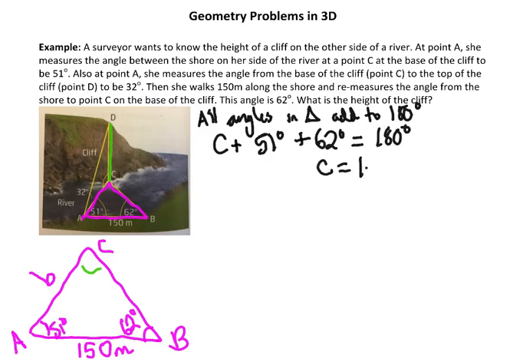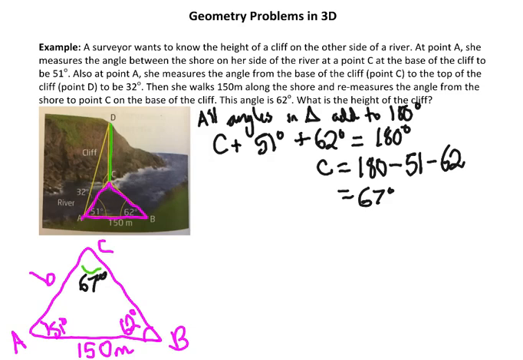Or in other words, C is going to be 180 minus 51 minus 62. So we can plug that into our calculator, and we get 67 degrees for angle C. All right, so this angle here is 67 degrees.